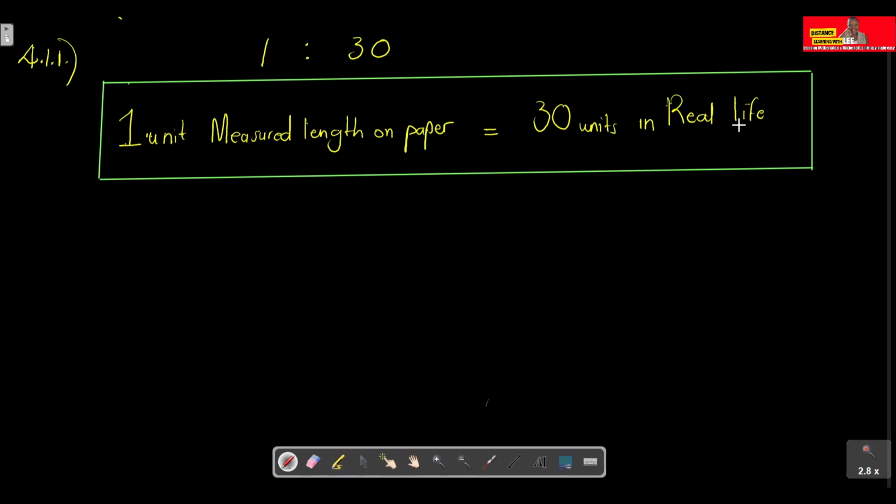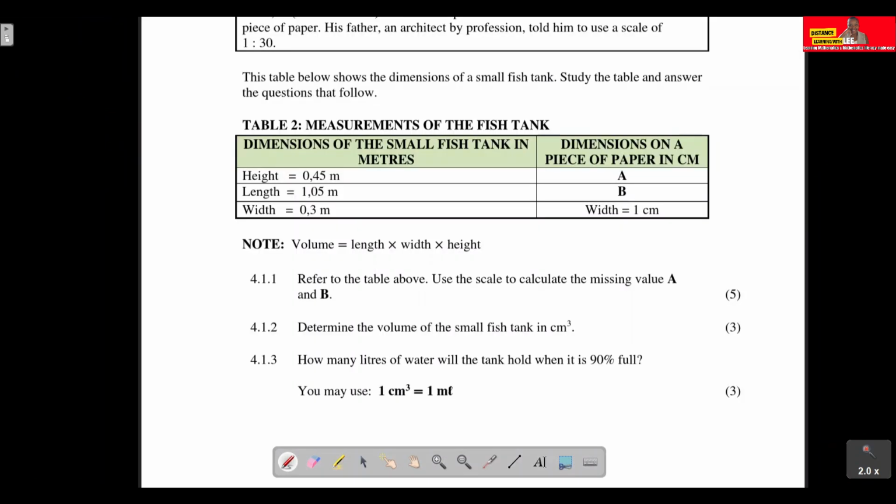Even if you still leave it as meters, you need to remember that you need to convert that answer into centimeters, because we have been specifically told to determine the value of A and the value of B in centimeters and not meters.